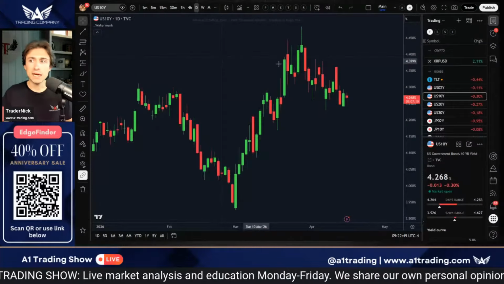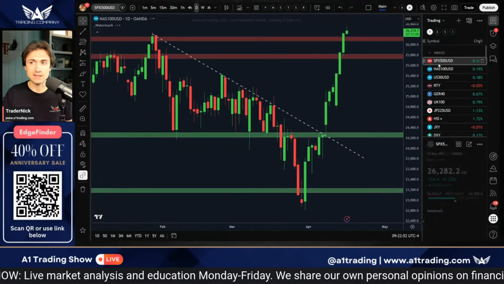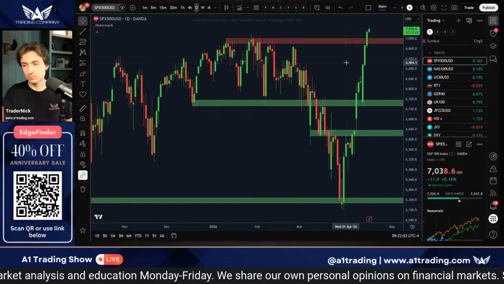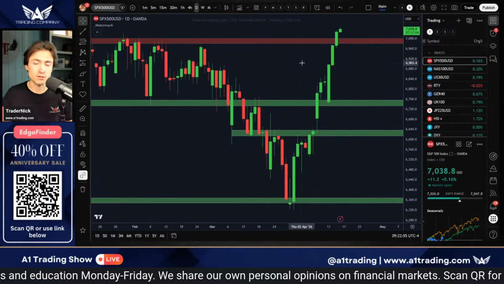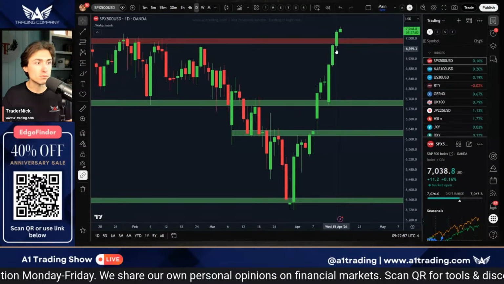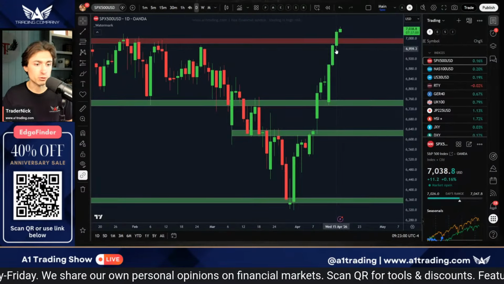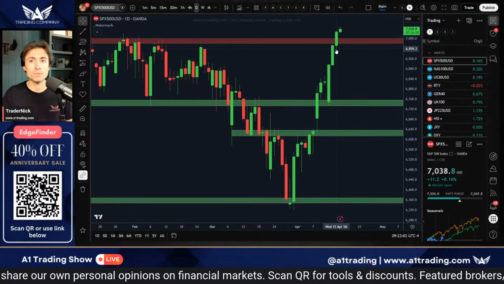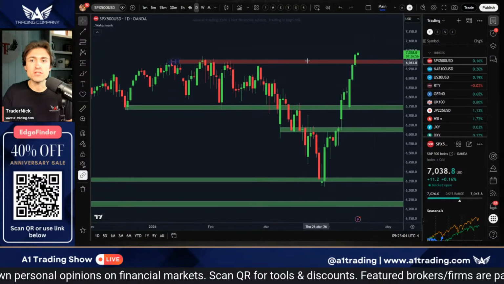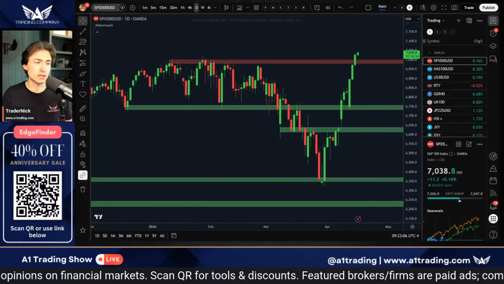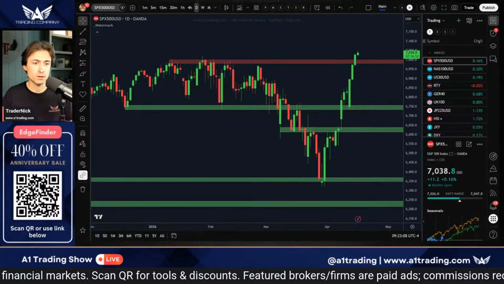So when I look at the S&P 500, the Nasdaq, the rally that's gone on here, these are the most interesting charts to me right now because you just have an unbelievable recovery move. When I look at these, do I think that they are sustainable at this trajectory? The answer would easily be no, right?